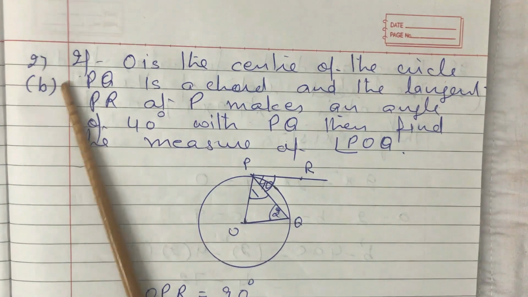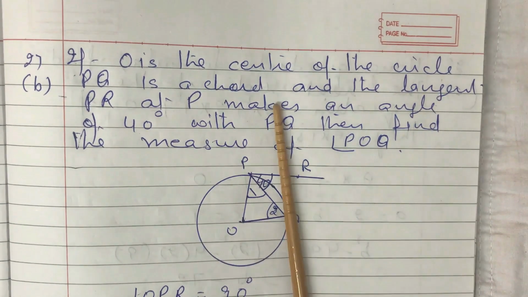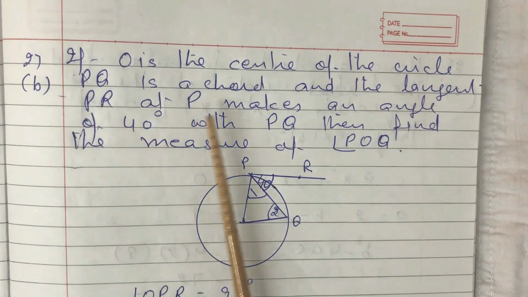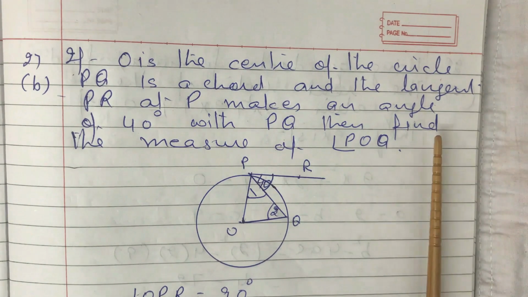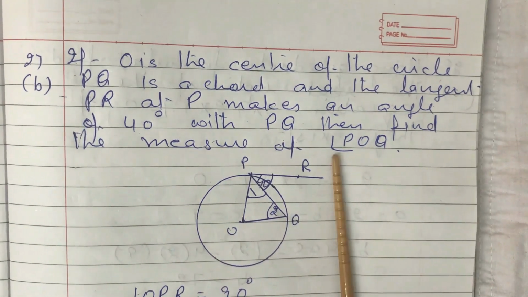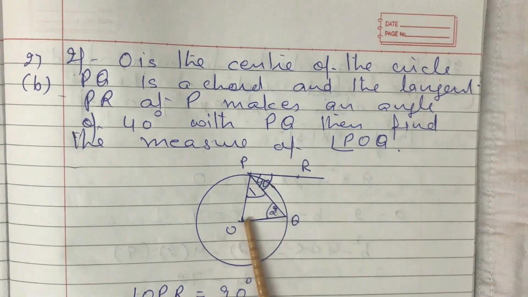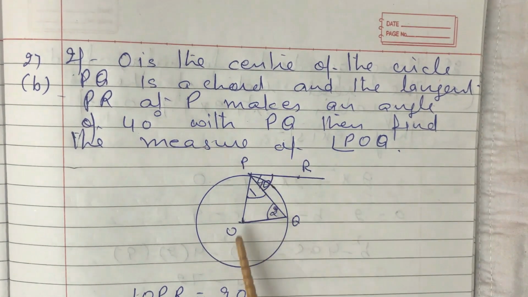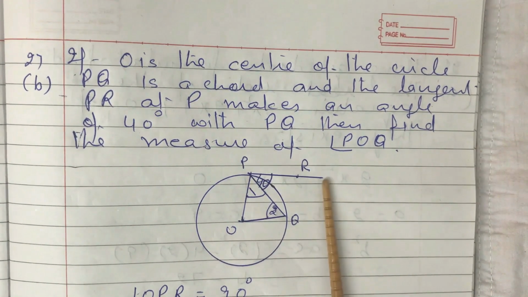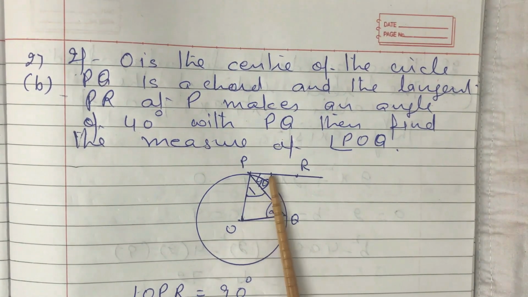Now 27th question, B part. If O is the center of the circle, PQ is a chord, and the tangent PR at P makes an angle of 40 degree with PQ, then find the measure of angle POQ. So this angle is given. I am to find this angle POQ. If this angle is 40 degree and OP is perpendicular to the tangent at the point of contact, so angle 1 plus 40 is 90 degree.